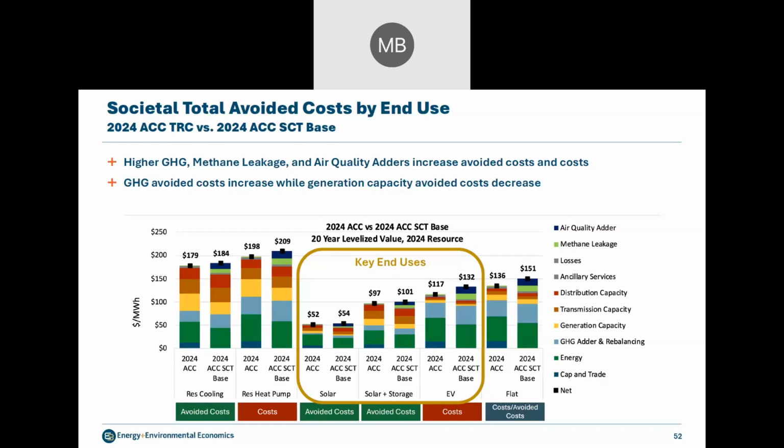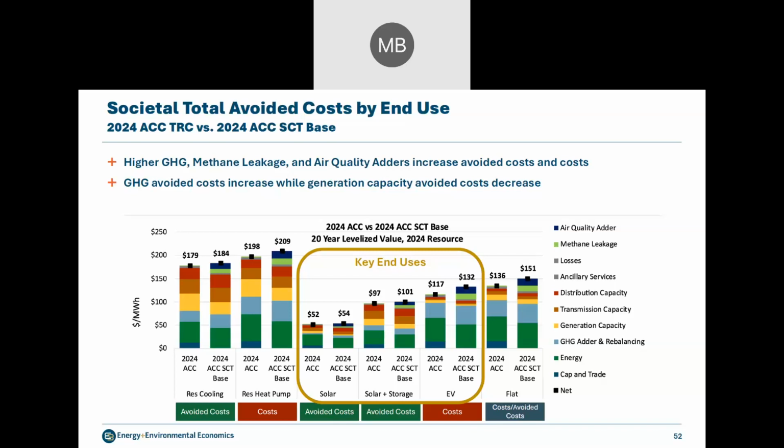I think it's about $114 per ton in 2022, and then we escalate this value for TRC using 7.3%, which is the utility WACC.